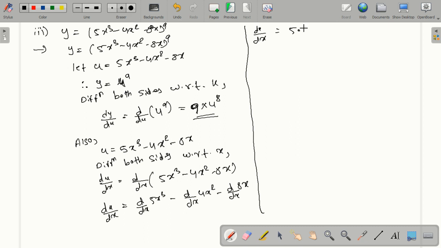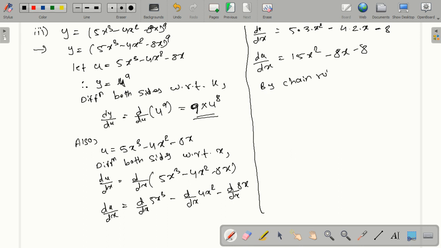So d by dx of x cube is 3 into x square minus similarly 4 into 2x, right? 2 will come here, x raised to 2 minus 1, which is 1, minus derivative of 8x is 8. If you solve this, you get du by dx as 15x squared minus 8x minus 8, right? 4 2s is 8, 5 3s is 15, and we have minus 8.